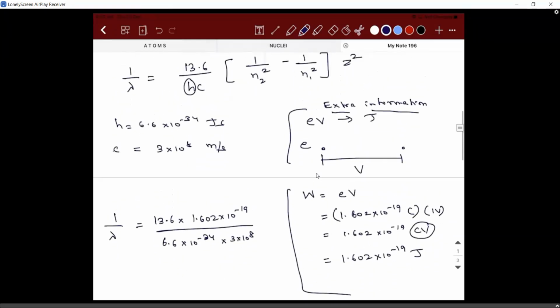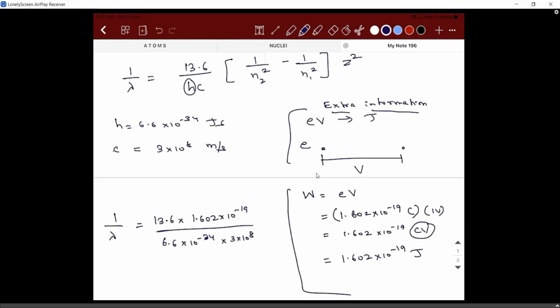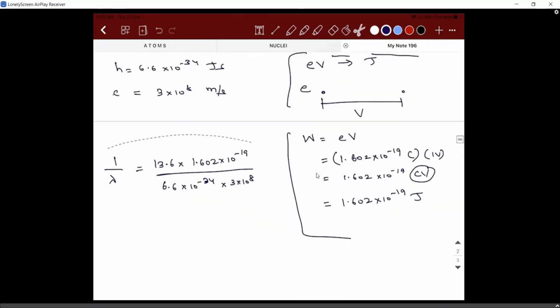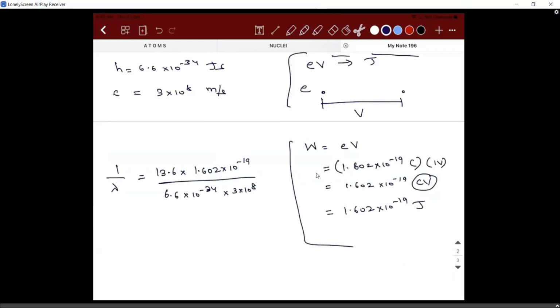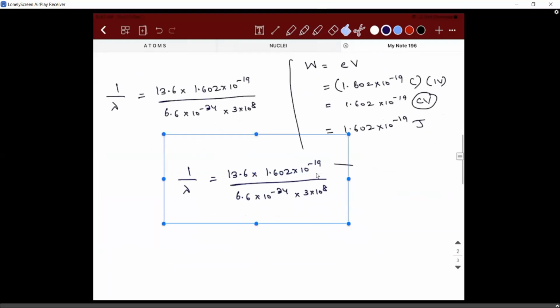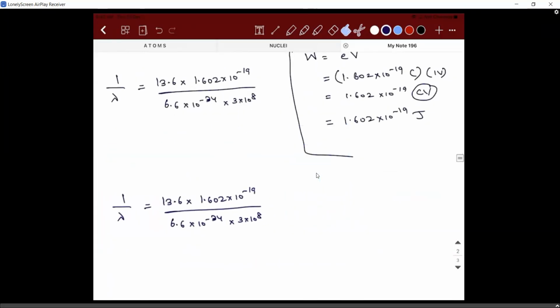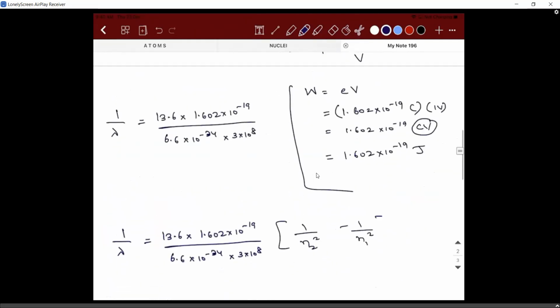Multiplied with what? Into 1 by n2 square minus 1 by n1 square.